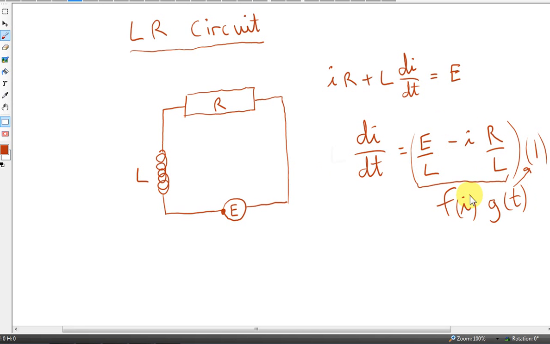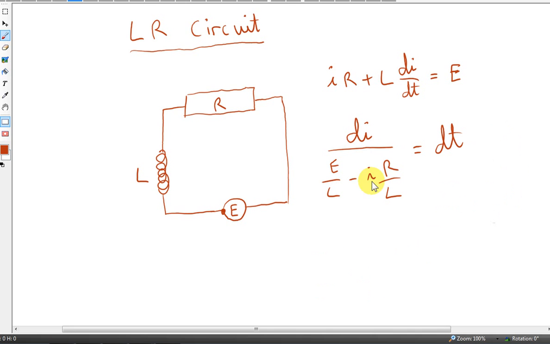So, as we've seen before, if we can write it like this, then we can separate the variables. All we do is interchange dt with what's in the brackets here. So we get dI over (E over L minus IR over L) equals dt. This is the result of cross multiplying and rearranging. So we just have I on one side now and t on the other side.